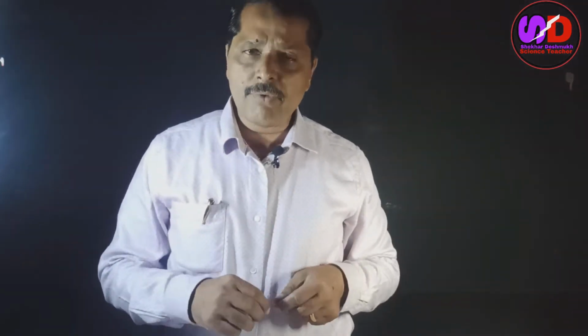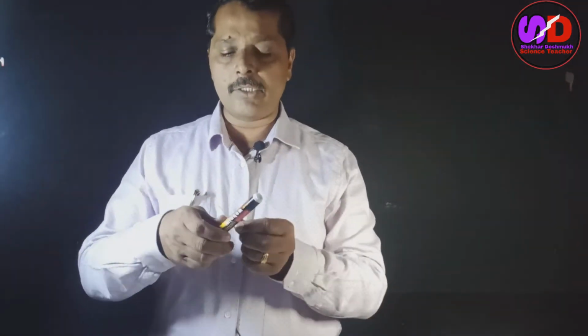A solenoid is nothing but insulated copper wire. If we wound it in the form of a number of loops, like a spring, then it is called a solenoid. We can easily make this solenoid.